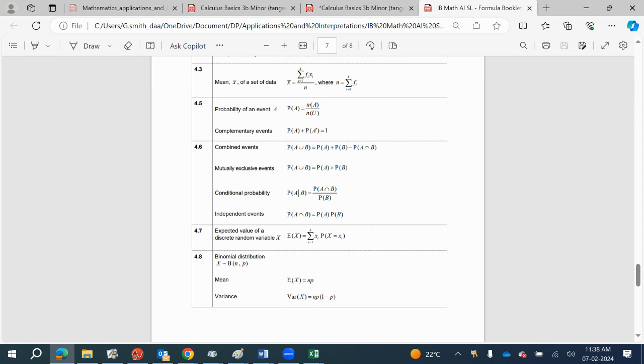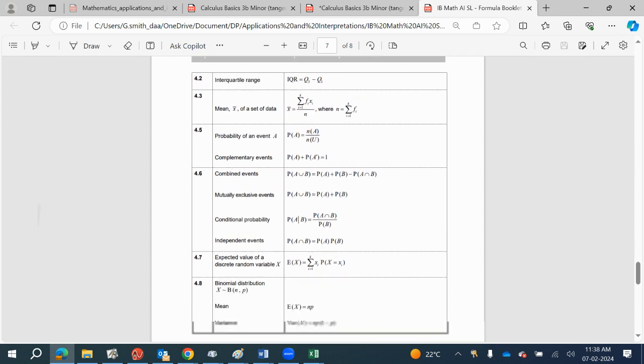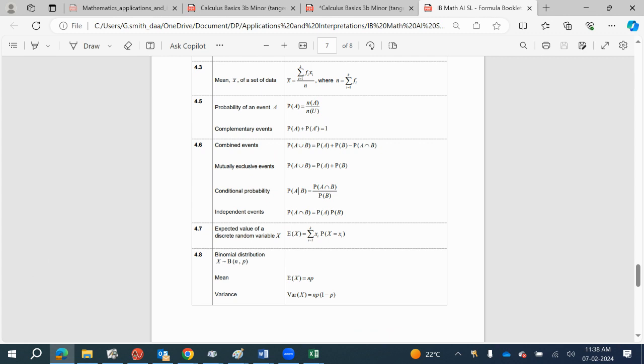Page 7. It depends which version of the formula sheet you're opening. It's in topic 4, 4.6. Yeah, this is the formula. A given B is the intersection of A and B over B. So if it's given that B has occurred, that is the total probability.